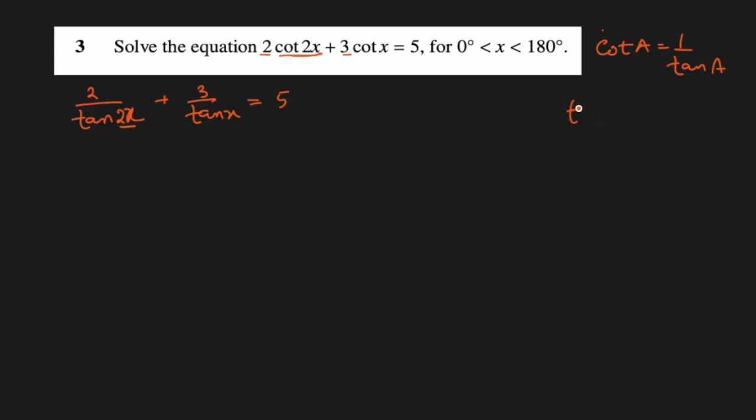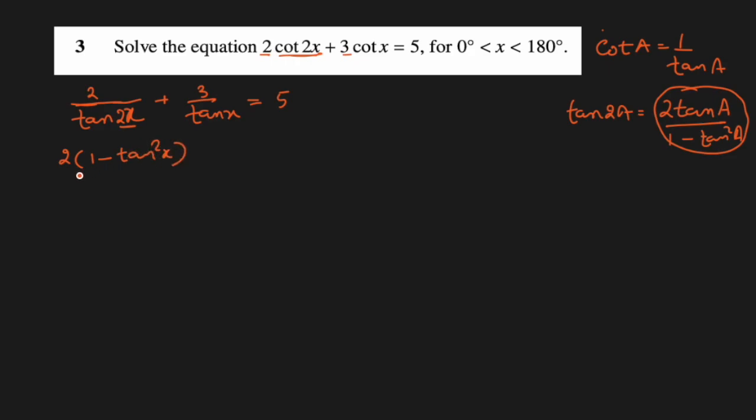So we have another identity which is tan 2a equal to 2 tan a over 1 minus tan square a, right? And that's what we're going to use in place of this. Since it's a denominator, we will write the reciprocal of this, not exactly this, but reciprocal. So 2 is already here. This 1 minus tan square will be on numerator, tan square x divided by 2 tan x. Okay, 2 and 2 cancel here. What about here? 3 over tan. It is simple tan, so we'll keep it tan.